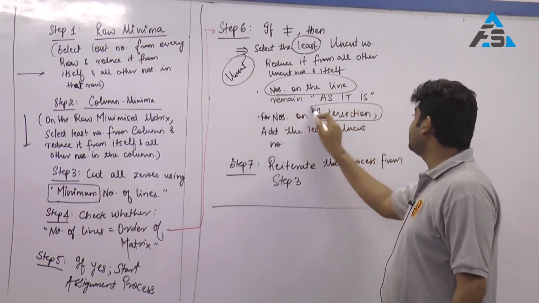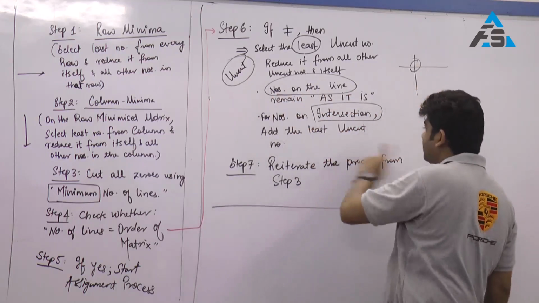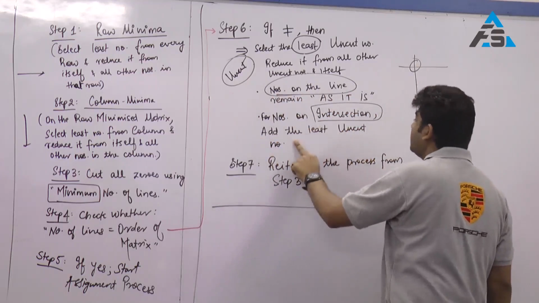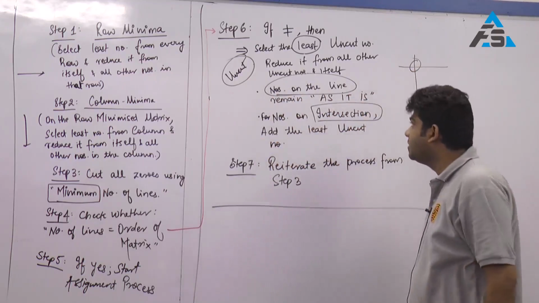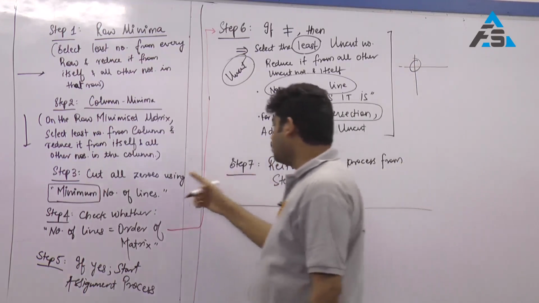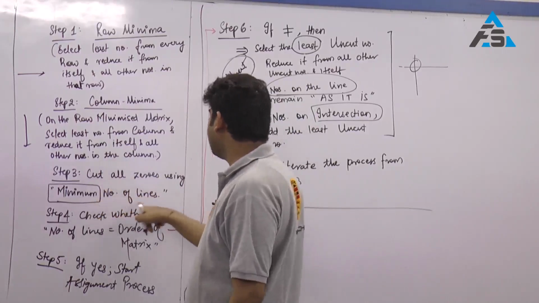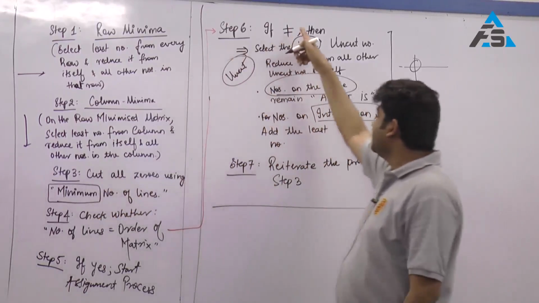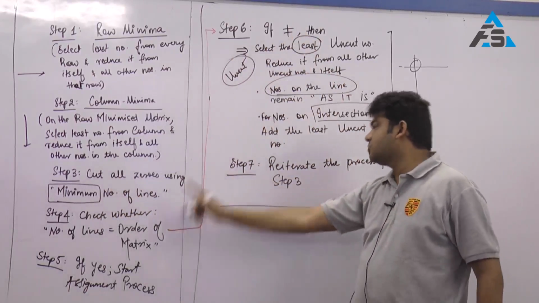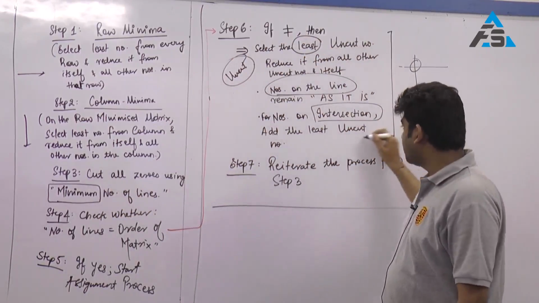Numbers on intersection, so there can be an intersection, so for that number add the least uncut number to that intersection point. Once this whole process is performed, again we will go to step 3. What is step 3? Cut all zeros using minimum number of lines. So at step 6, if number of lines is not equal to order of matrix, I will draw a new matrix using all these operations.